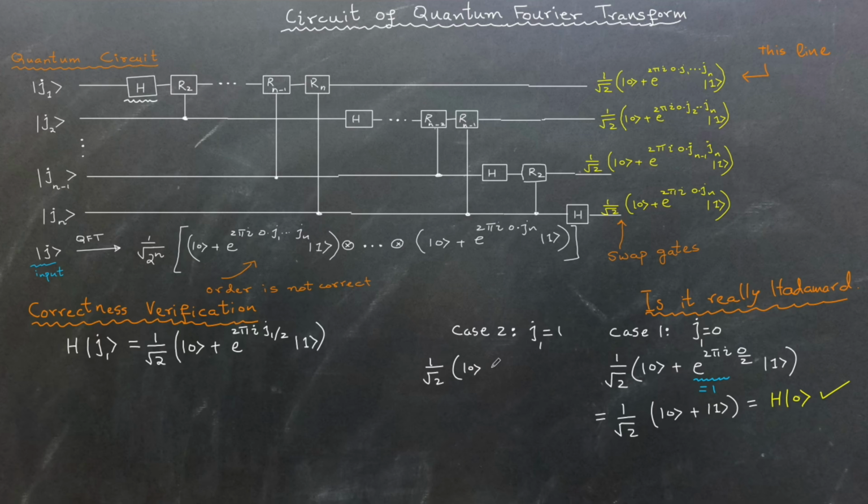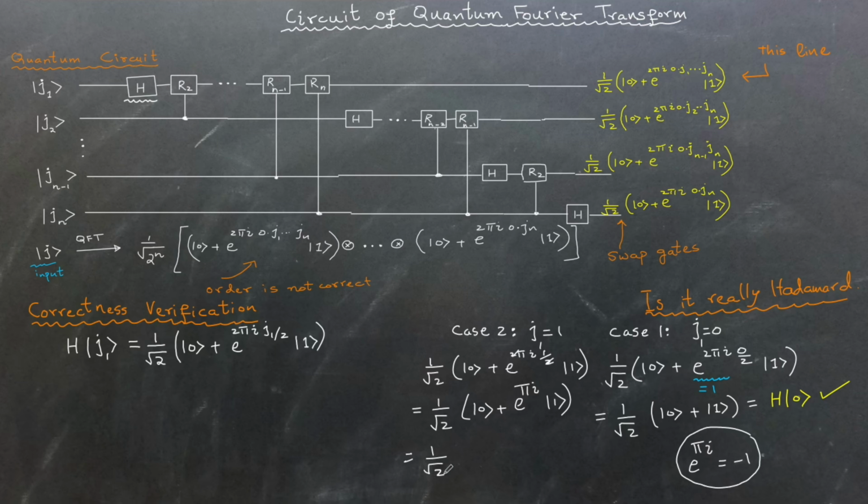In this case, the phase factor becomes Euler number raised to the power of pi times i. From the unit circle, we know that Euler number raised to the power of pi times i equals -1. Therefore, the result becomes 1 over square root of 2 multiplied by ket 0 minus ket 1, which matches the expected output when a Hadamard gate is applied to ket 1.